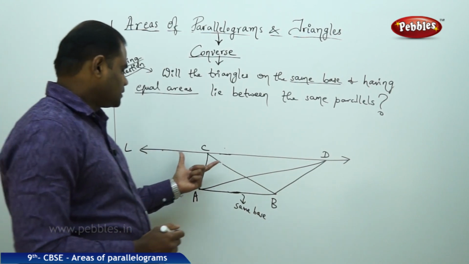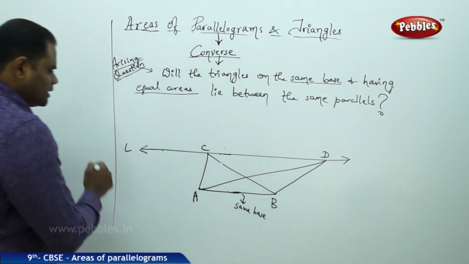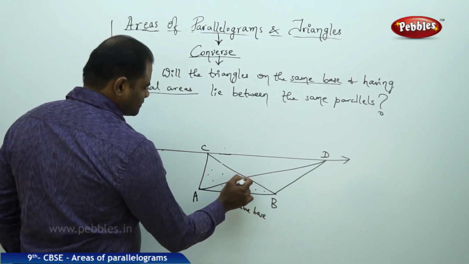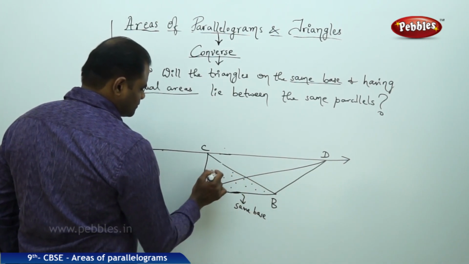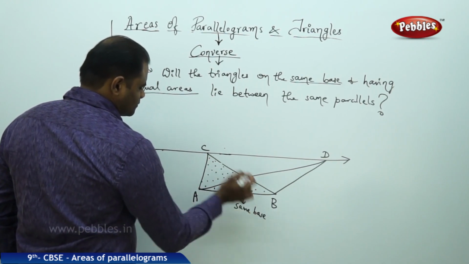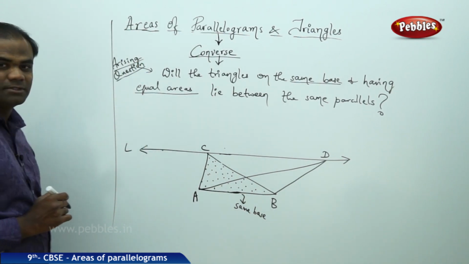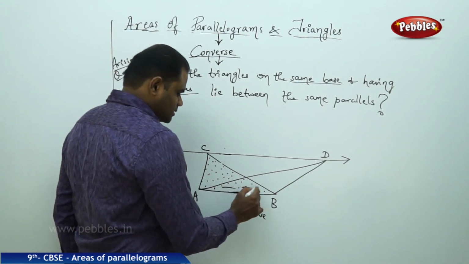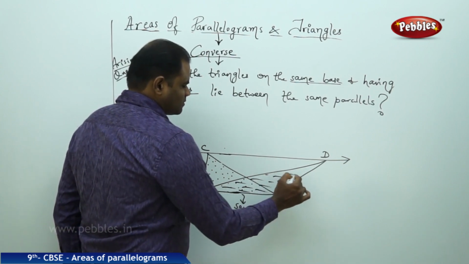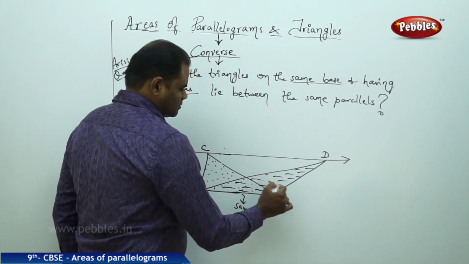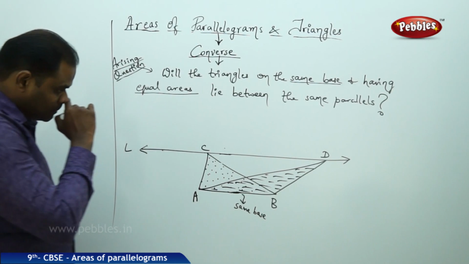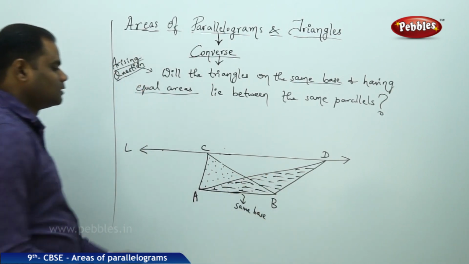So in order that we have the same base, let's take the first triangle ABC, and the second triangle ABD.